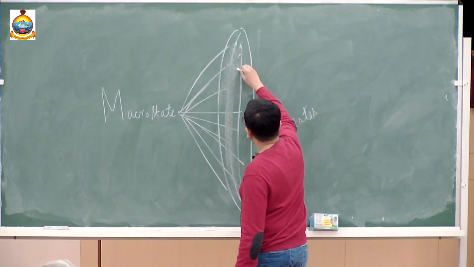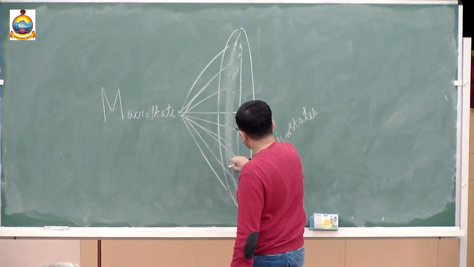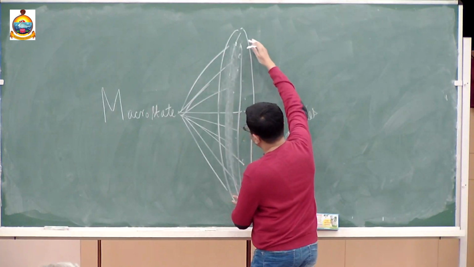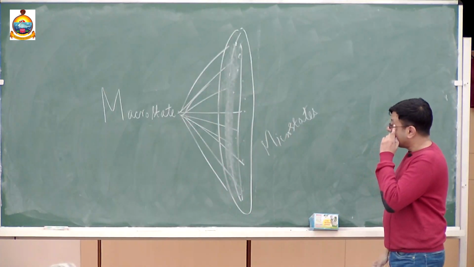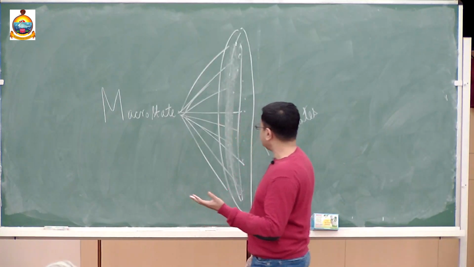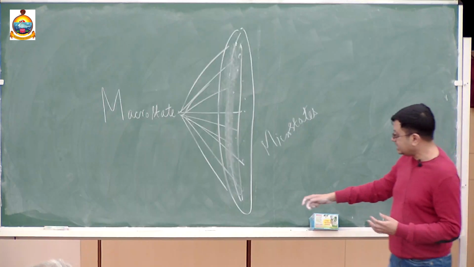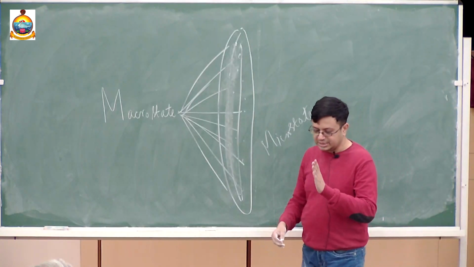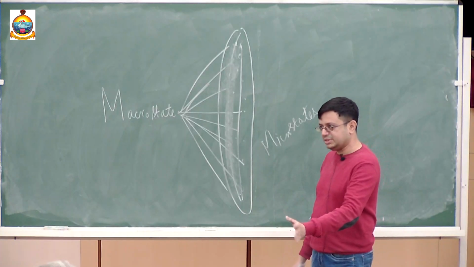So all these microstates are consistent with the given macrostate. When I say that this is my system, there is no way for you to tell me which microstate the system is in at the particular instant at which I am giving you information about the macrostate.